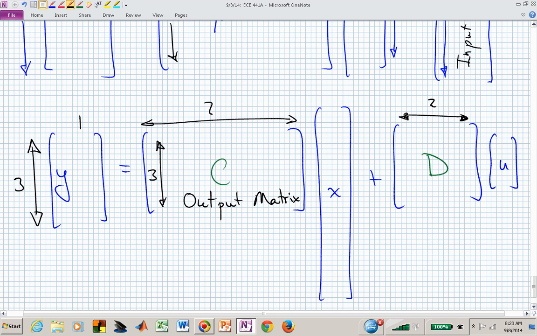How tall is D? It has to be such that the product Du gives you a 3 by 1 result, because the left-hand side has to equal the right-hand side. All of this has to be compatible. So D also has to be 3 rows tall. And this is what I might call the direct feed-through matrix.